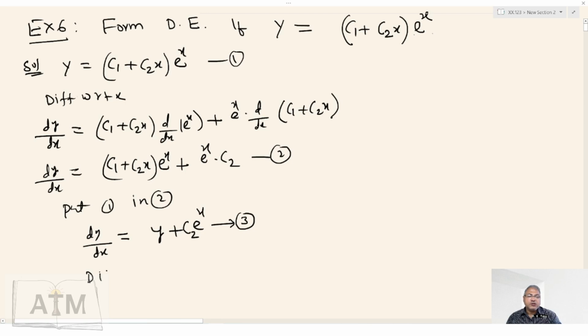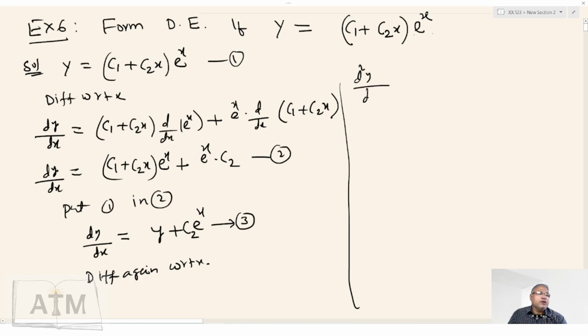Now differentiating again with respect to x, we get d2y by dx2 equals dy by dx plus c2 e raised to x. This is called 4.